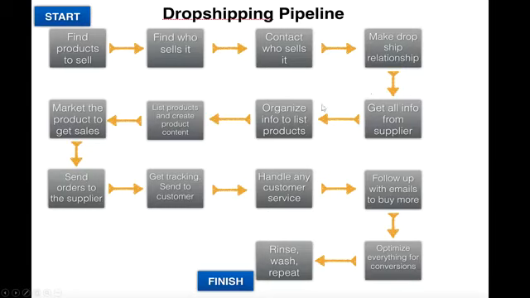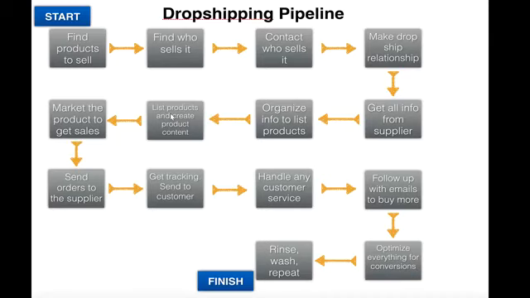Collect the items, market them in order to get sales. Before that, you need to list them, and you need to choose where you're listing them, either on a marketplace or on a solo platform like Shopify or WooCommerce or any other platform. And then you need to fulfill the orders, send them to the suppliers, get tracking and everything. So there is a lot of fuss around it and many things that need to be done.